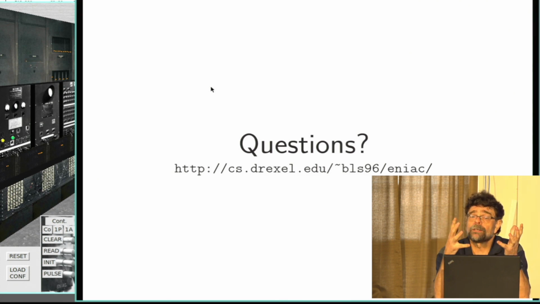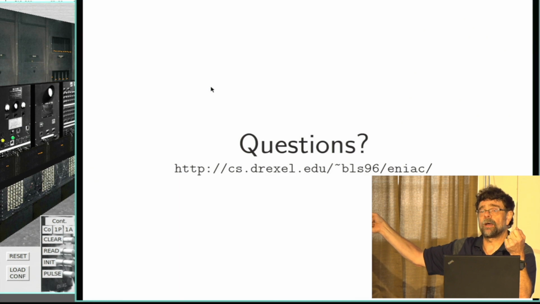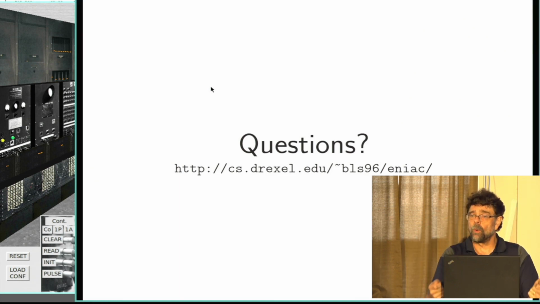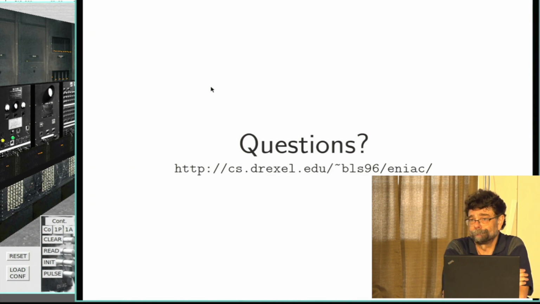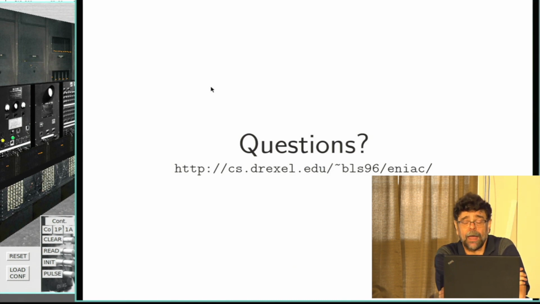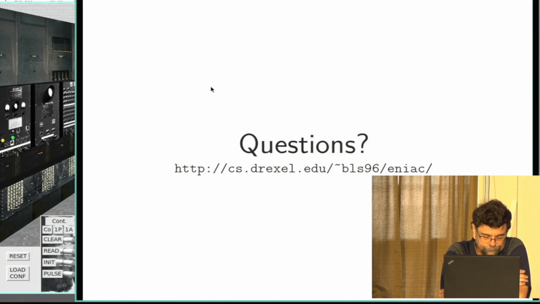And they realized in that process that if I can store enough numbers, then I can eliminate the time consumed with the switches and wires by storing the numbers in the memory.